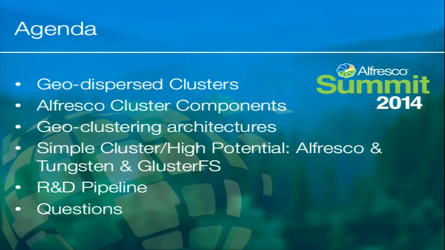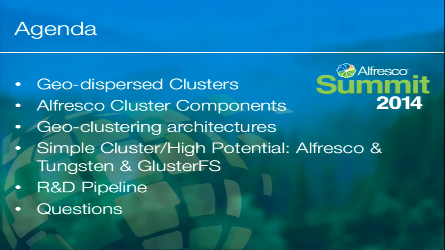So the agenda for today. First of all, I will be discussing geo-dispersed clusters, what they are, and in general, why we need them. Then after that, I will be talking about Alfresco cluster components, what we should take into consideration when we are designing a geo-distributed cluster of Alfresco. What are the available options?